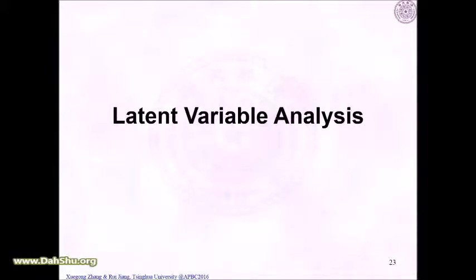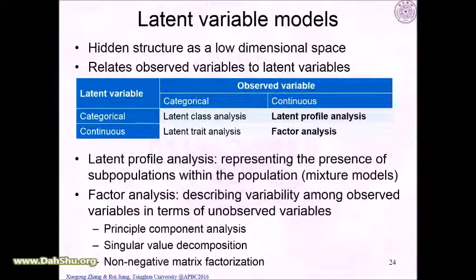Latent variable analysis is a more general form of unsupervised learning, where we want to find the hidden structure in a low dimensional space. Suppose we have high dimensional data, and we assume there is some underlying structure in the data of low dimension. There are different tasks.